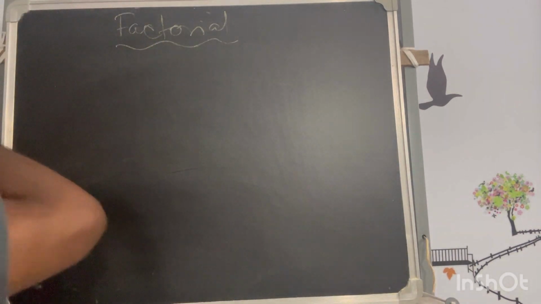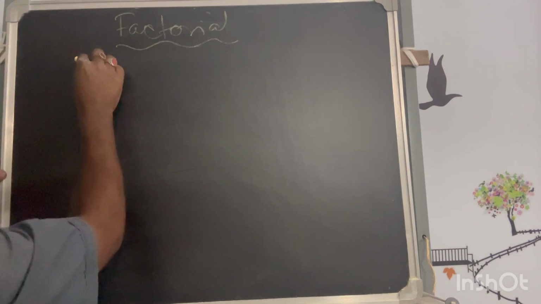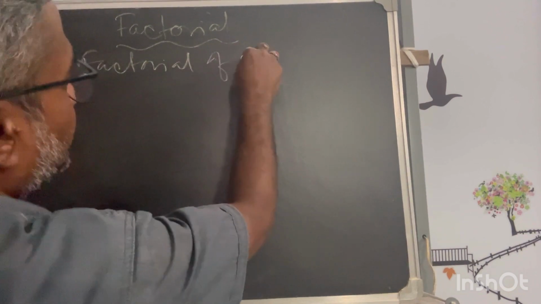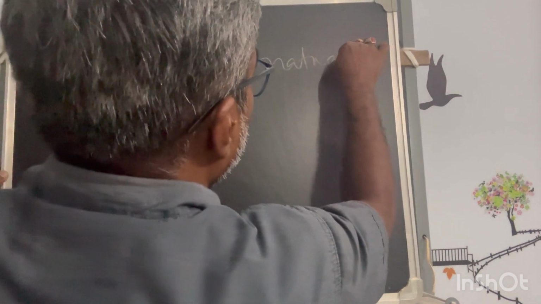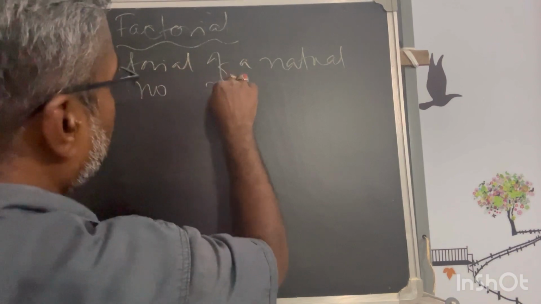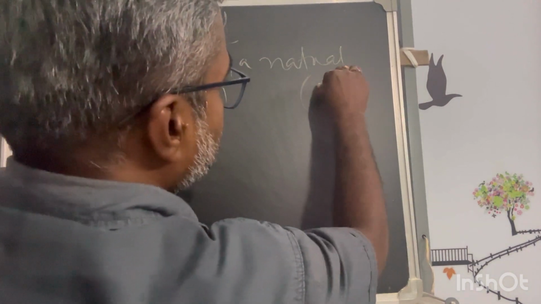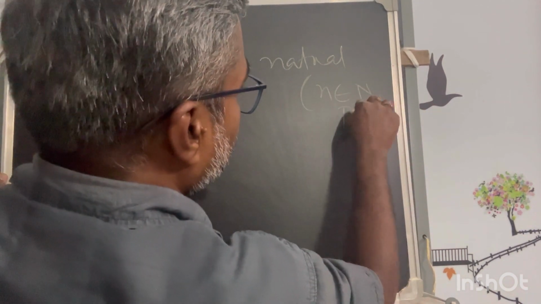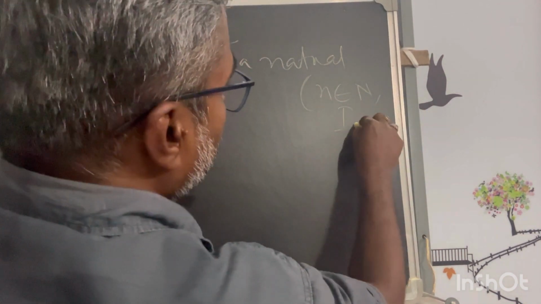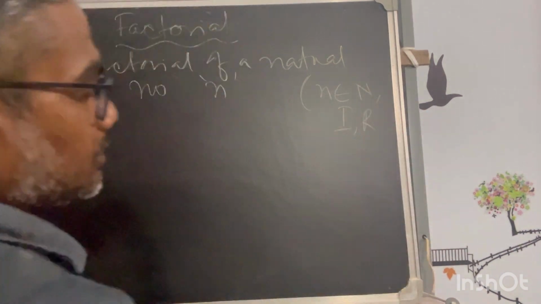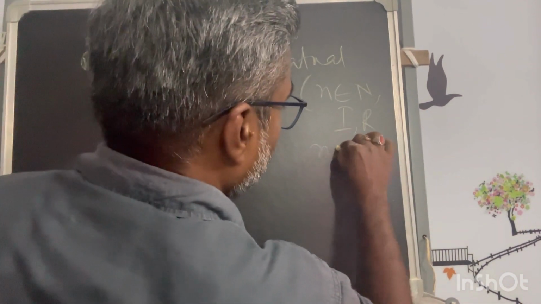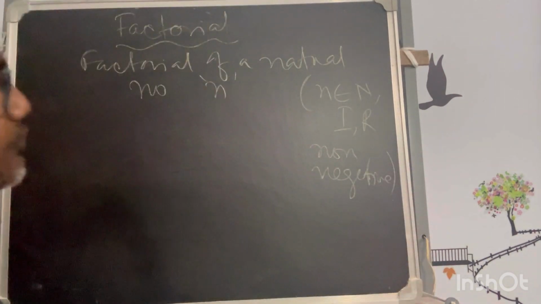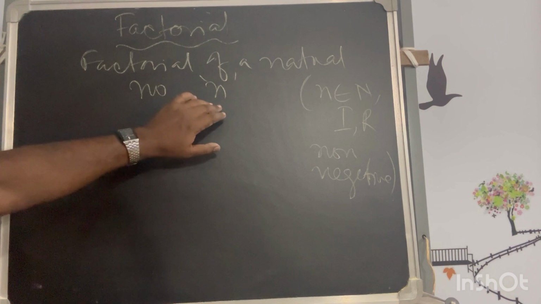If I have to calculate the factorial of a natural number n, where n is natural, it must be an integer, real, and non-negative. These are the conditions to find the factorial of any natural number.